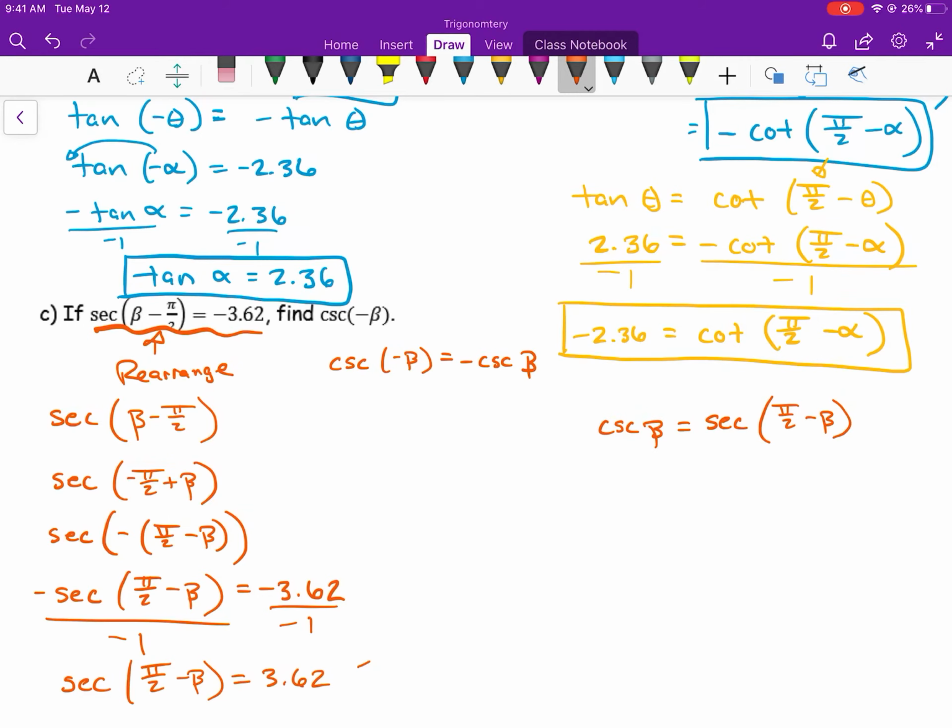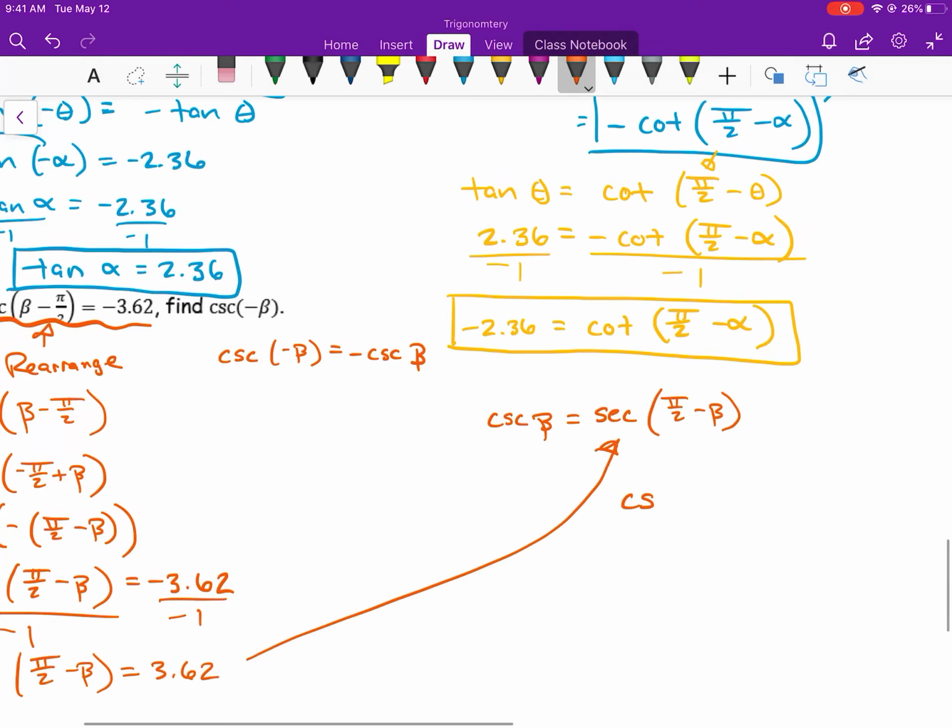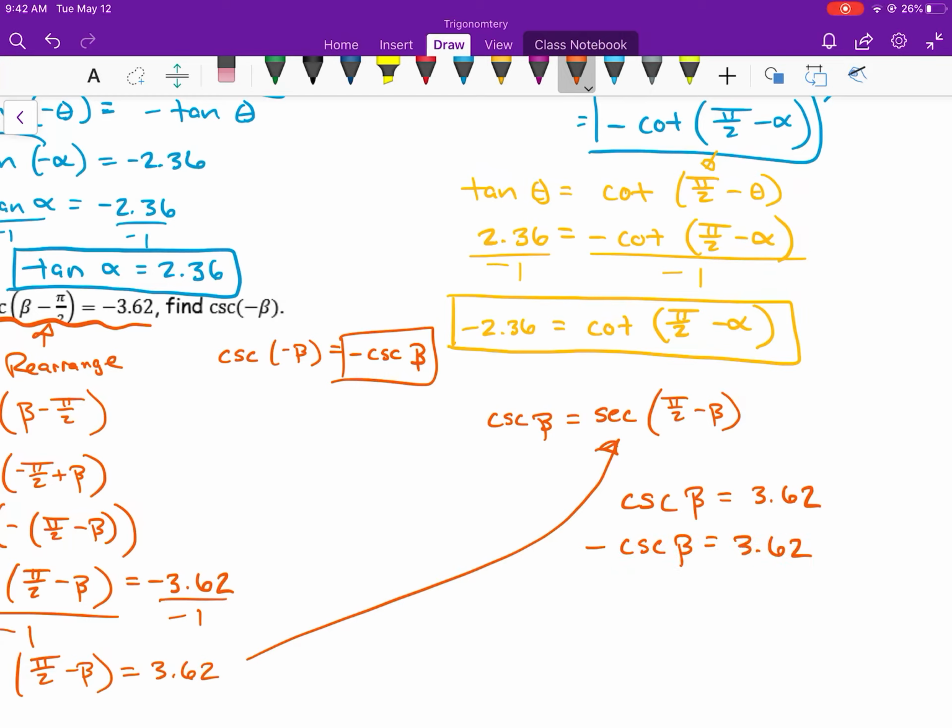I'm going to substitute that in right there. I get cosecant of beta is equal to 3.62. But I don't want cosecant, I want negative cosecant. So negative cosecant of beta is equal to 3.62 divided by negative 1. So cosecant of beta is equal to negative 3.62.